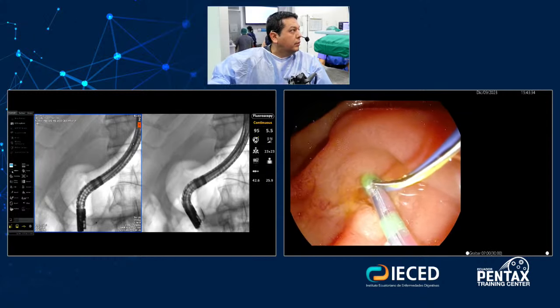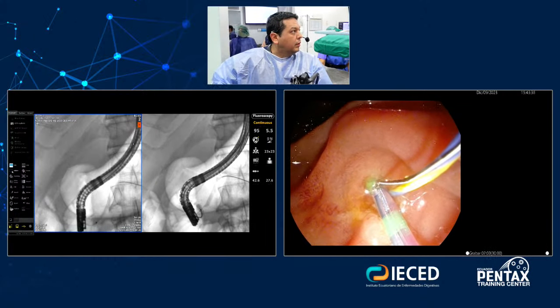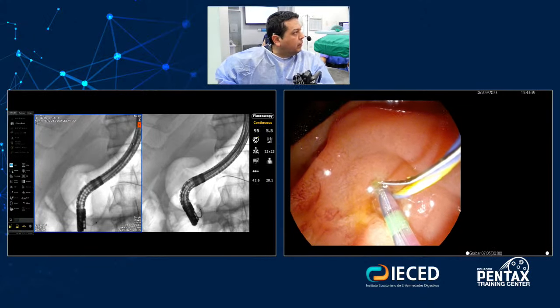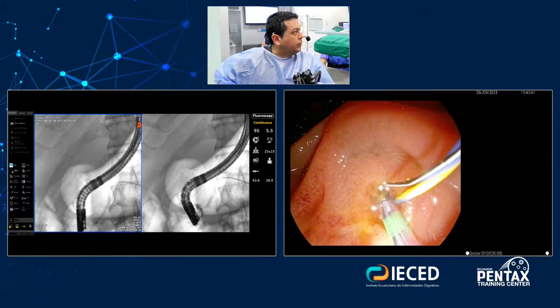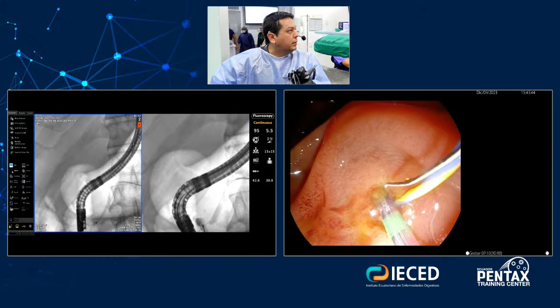Retira un poquito. Oh, it's here. Hazme zoom, por favor. Sí.